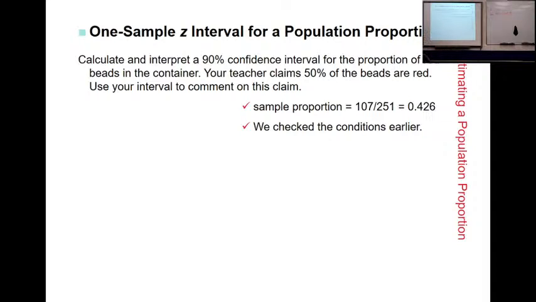If we were actually doing a 4-step process, we've already talked about step 1, where we state that we're using a 90% confidence interval to estimate the actual proportion of beads in the container that are red. We'd write out that sentence. Then we'd check that all the conditions, random, normal, and independent, are good to go. Well, we already did that. Now we're going to do steps 3 and 4. This is the calculation and interpreting.